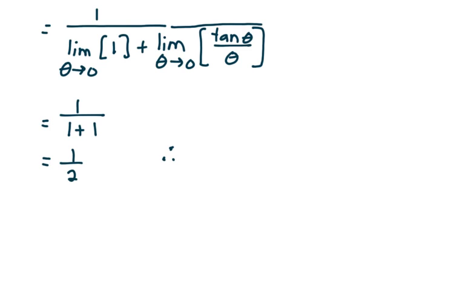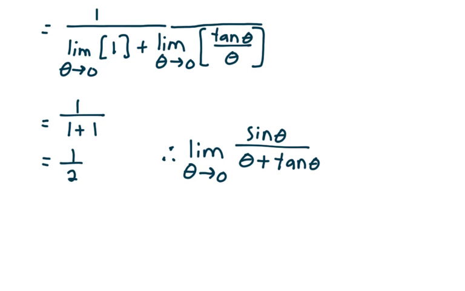And so therefore, the limit as theta goes to 0 of sine theta divided by theta plus tangent theta is equal to a half. That's number 55. If we take a look at 57.